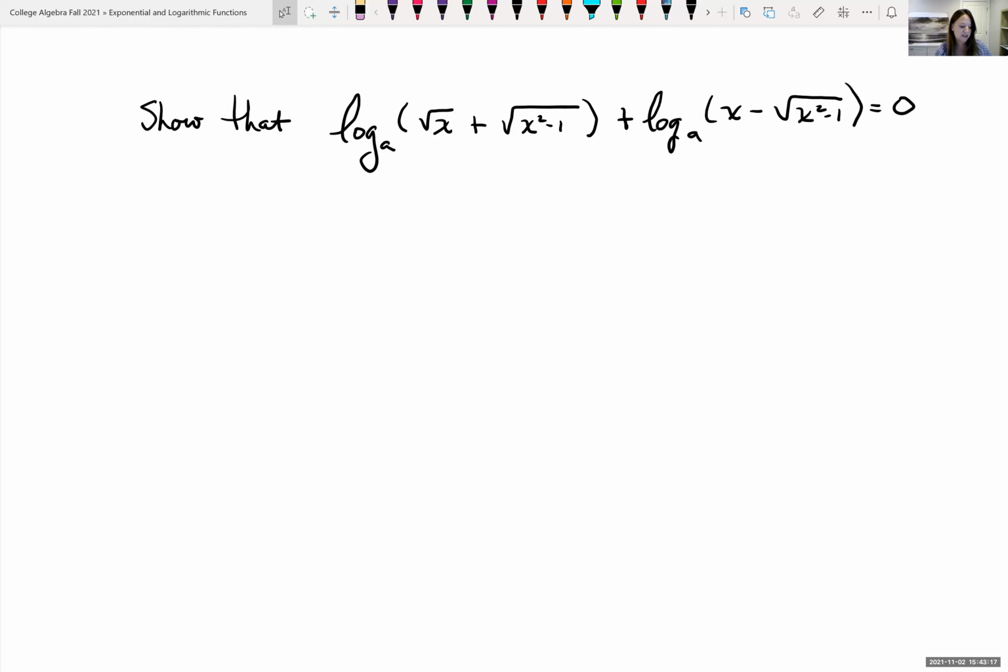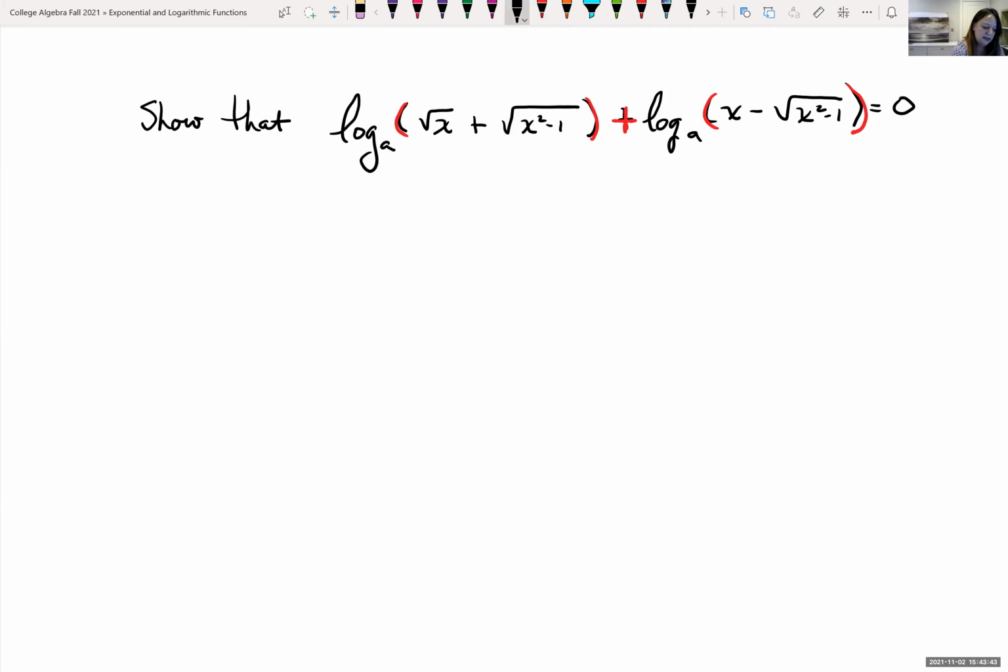So our next example says show that log base a of the quantity square root of x plus square root of x squared minus 1, plus log base a of the quantity x minus the square root of x squared minus 1, is equal to 0. So let's rewrite this. I see that we have this plus here, and so that's telling me multiplication.